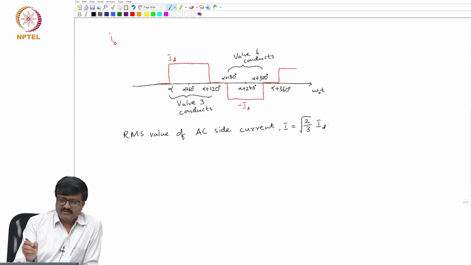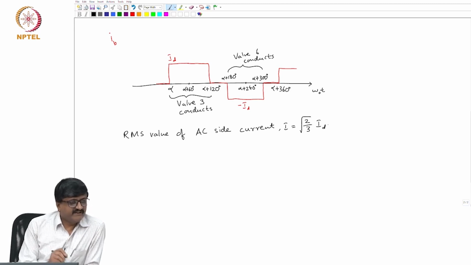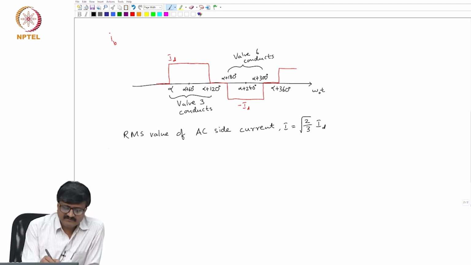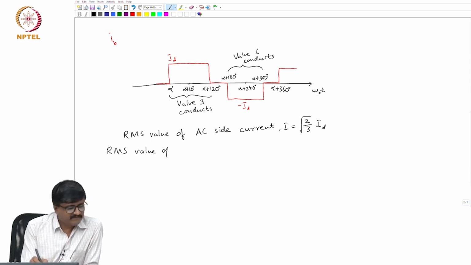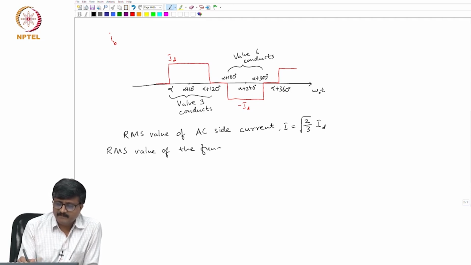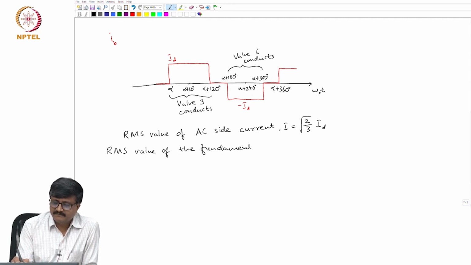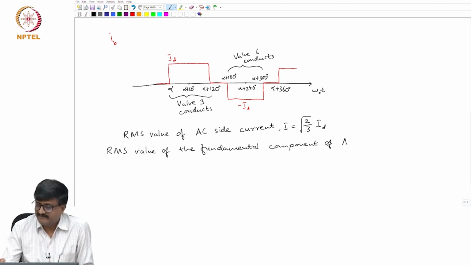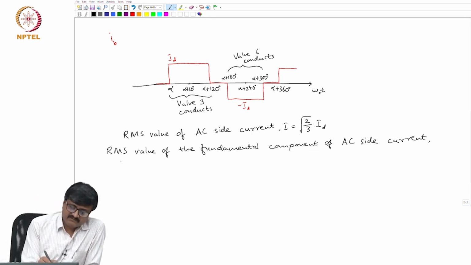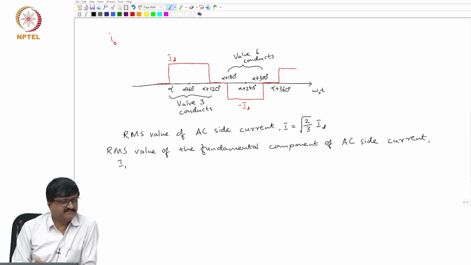Then let us look at the expression for the fundamental component and the harmonic components. If I take the RMS value of the fundamental component of the AC side current, I will call this I with a subscript 1.